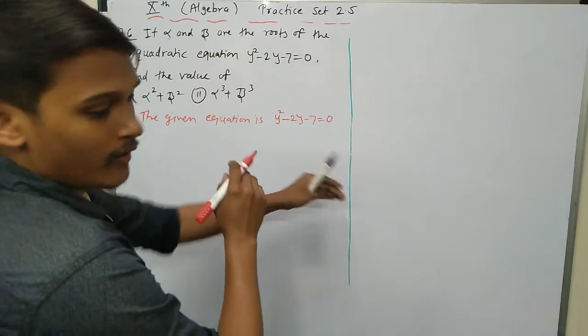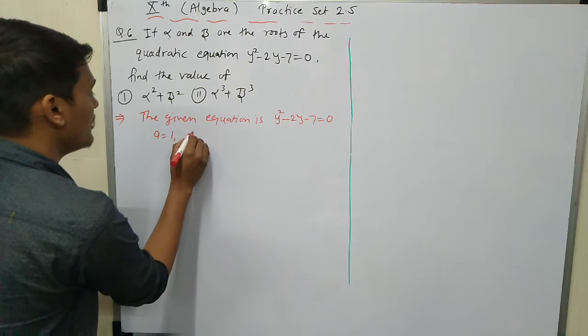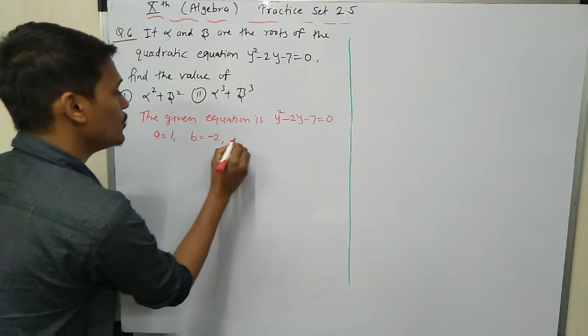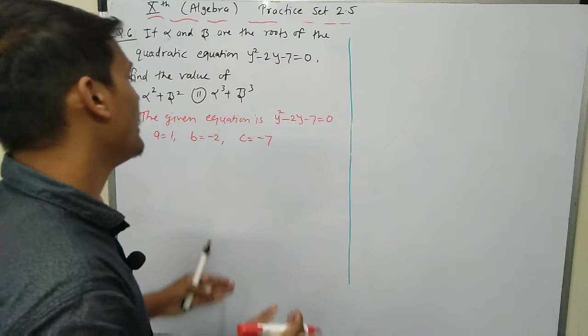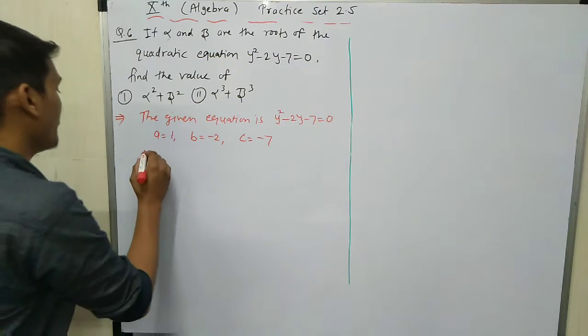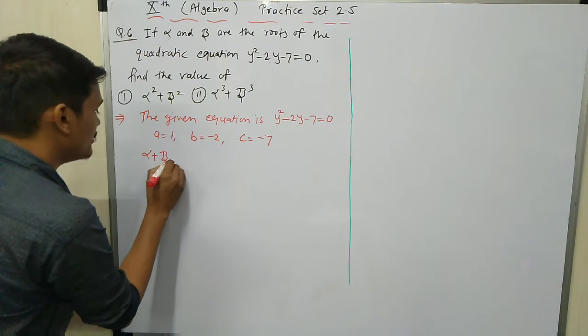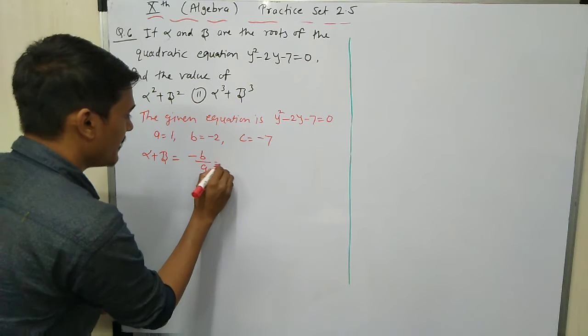Understood? Now write down here the value of a is equal to 1, b is equal to minus 2, and c is equal to minus 7. Understood? Now first you find out alpha plus beta. Alpha plus beta is equal to minus b upon a.